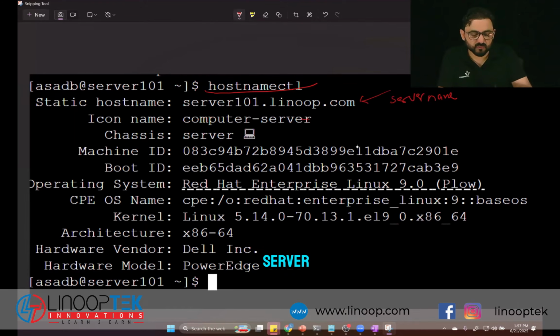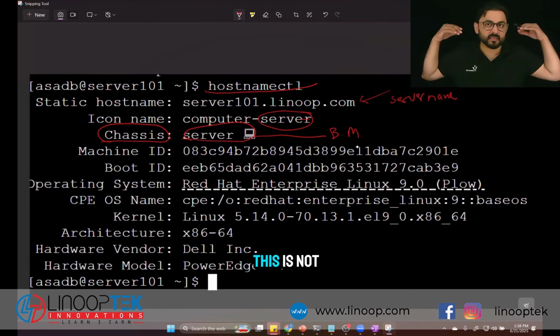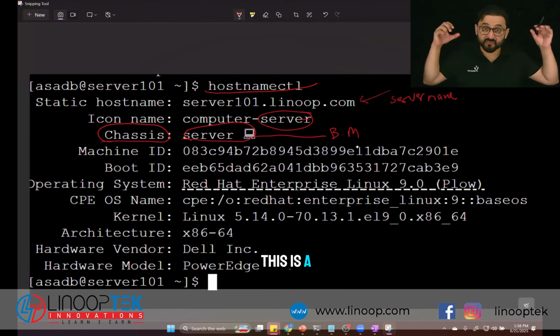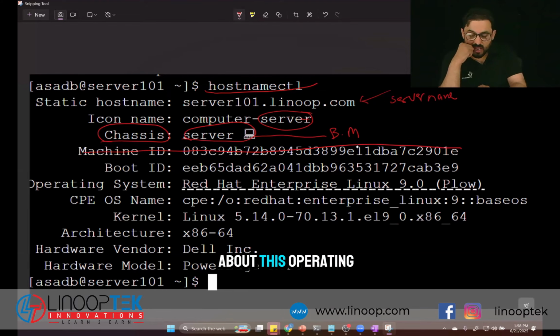What kind of server? The chassis shows this is a bare metal server, like a physical box. This is not a cloud server. This is not a virtual server. This is a physical server. Machine ID, I don't care about this. Boot ID, I don't care about this. Operating system, ladies and gentlemen, I love to see this over here.